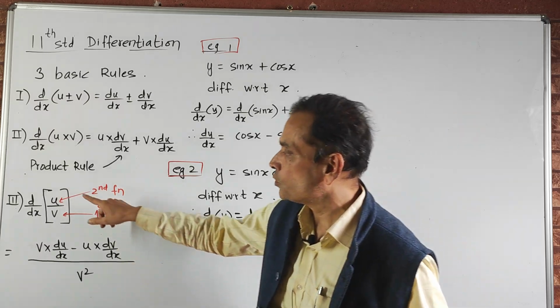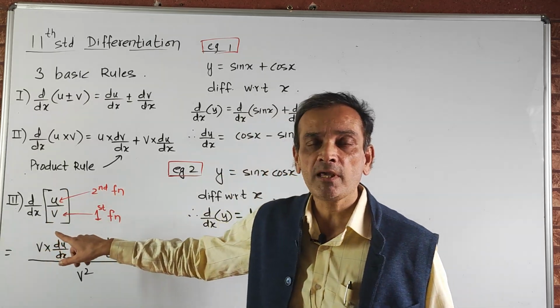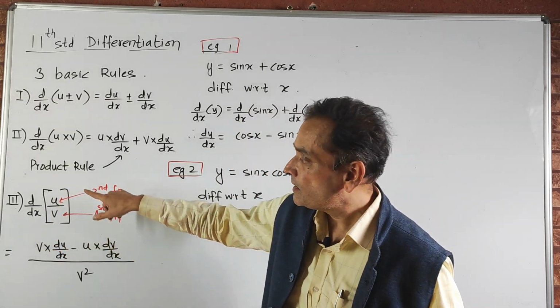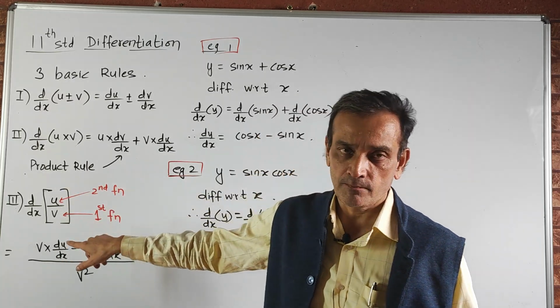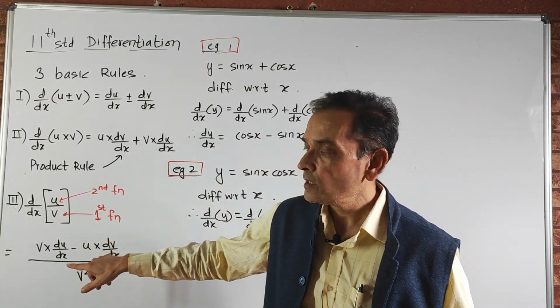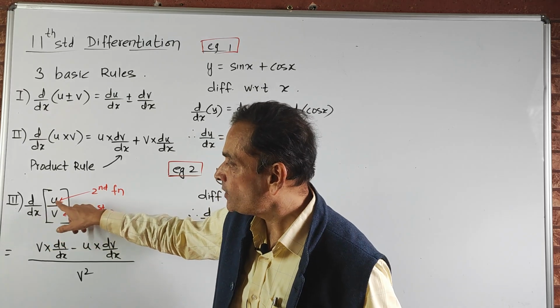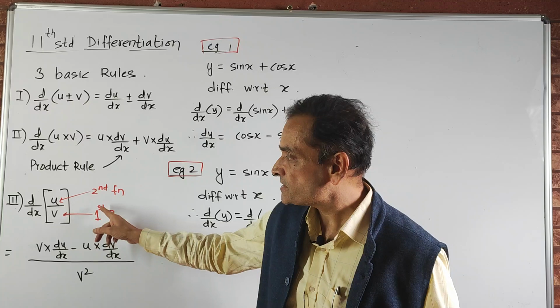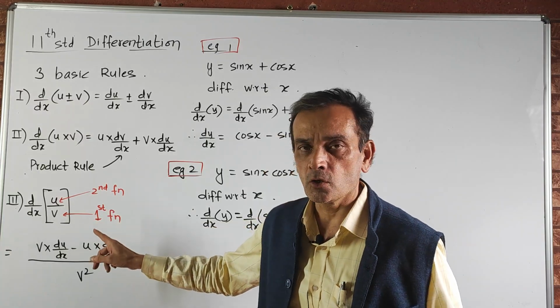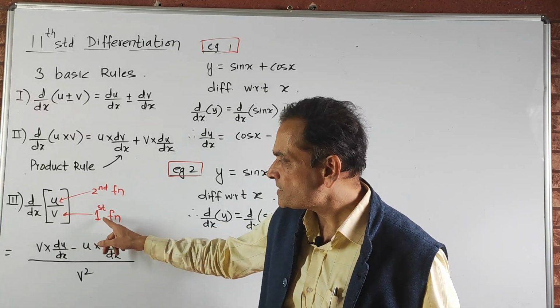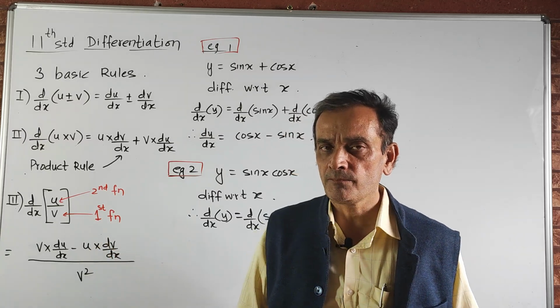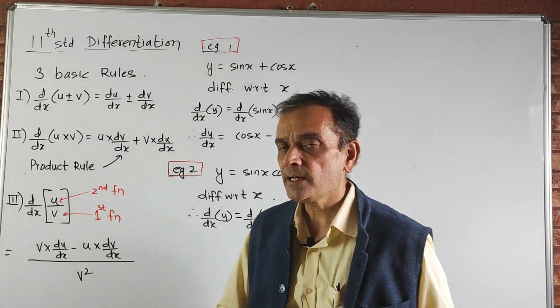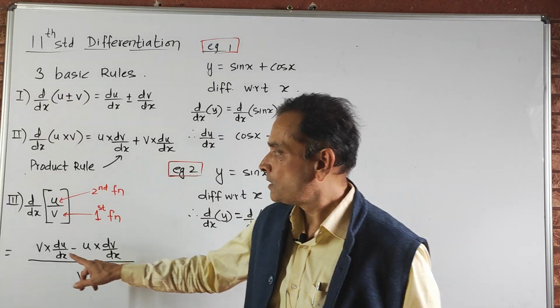Third rule is important. इसको बोलते हैं quotient rule. यानी u and v both functions of x are in the form of quotient, numerator upon denominator. So d by dx of u into v करते समय ध्यान में रखो, this is taken as the first function, this is taken as the second function. No need to write this in the exam, just remember and then write the quotient rule.